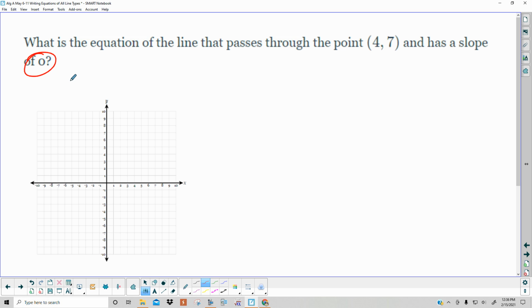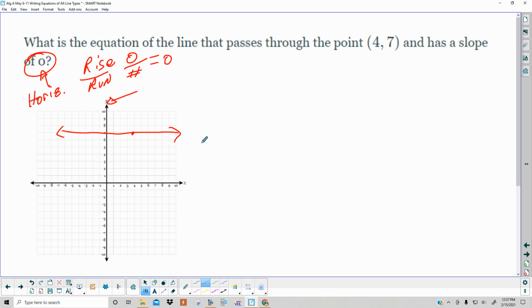Slope is 0. So then you go, okay, rise over run. It means you're not rising, but you are running because that's worth 0. You also just need to memorize this thing is a horizontal line. It's a horizontal line through this point, 4, 7. And notice what axis it crosses.